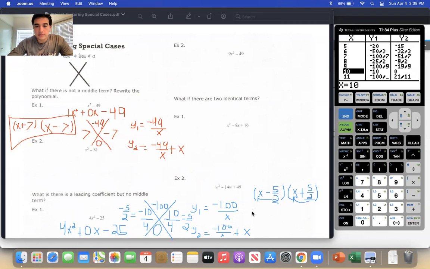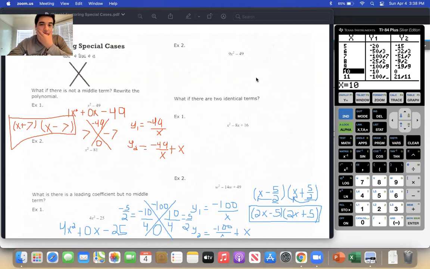So my real factors, my real final answers are going to be 2x minus 5, and then my other factor would be 2x plus 5. And there's my answers. Okay, there's a second example. That's the second type, okay? So that's the second type of special case.